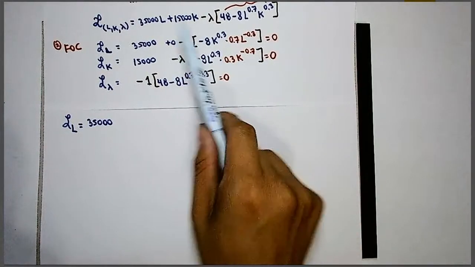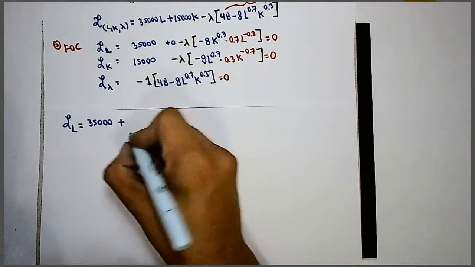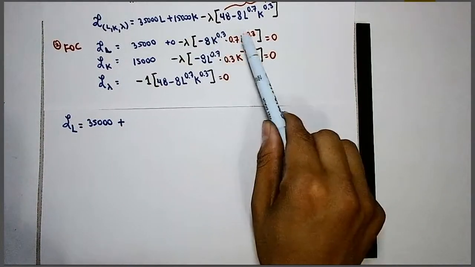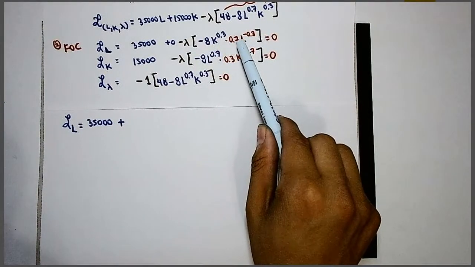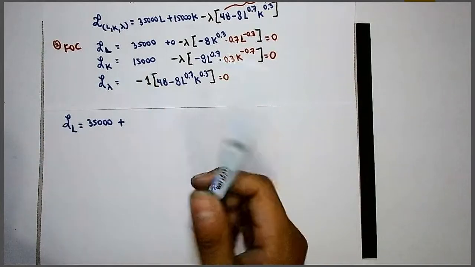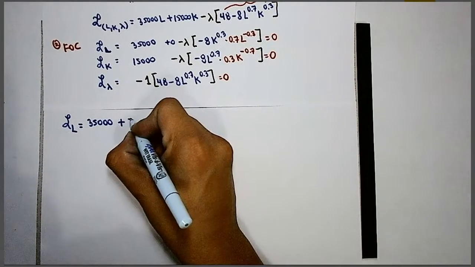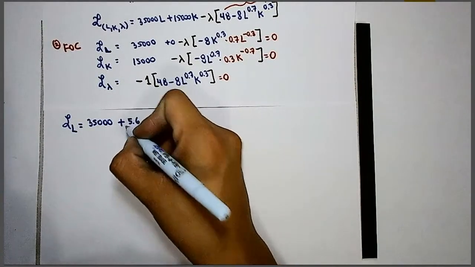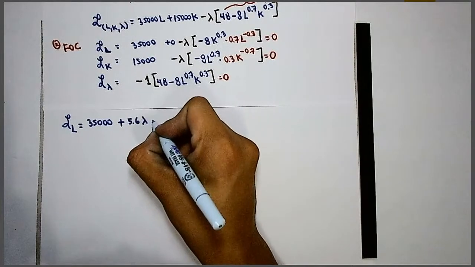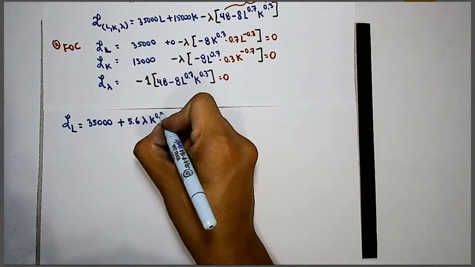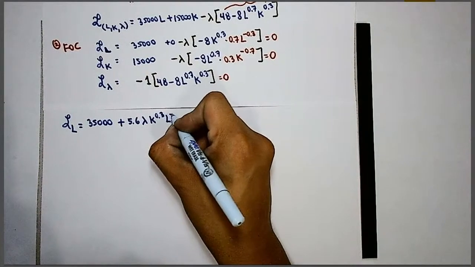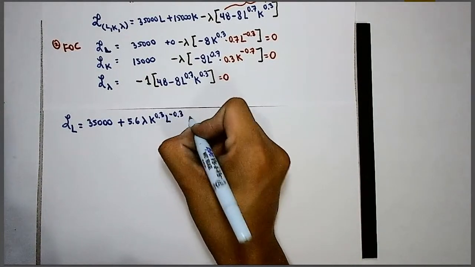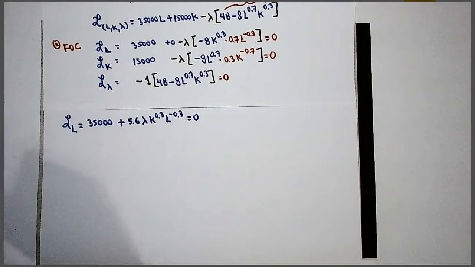Now minus times minus is plus 8 times 0.7 is 5.6 lambda, K to the 0.3, L to negative 0.3, and this is equal to 0.